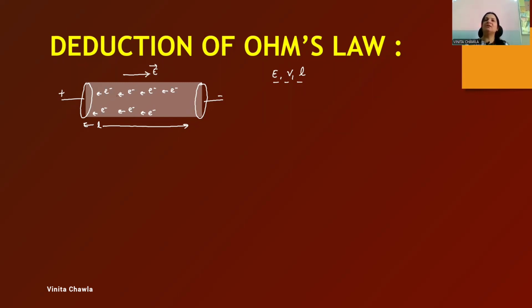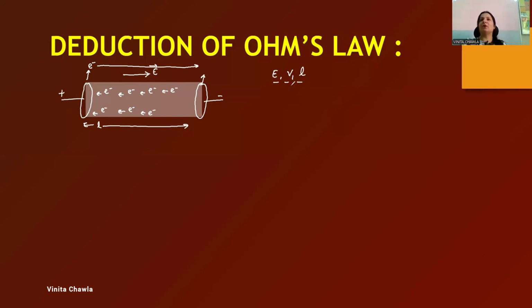So a potential difference is maintained, it is set up. So how these three quantities, electric field intensity, potential difference, and length of the conductor, they are related. If we assume that one electron starts moving from here and reaches here after some time, it starts moving from here and reaches this point. So it covers a distance which is equal to length of the conductor from one end to the other end. It covers the length of the conductor. So this is the length covered, distance covered by the electron.